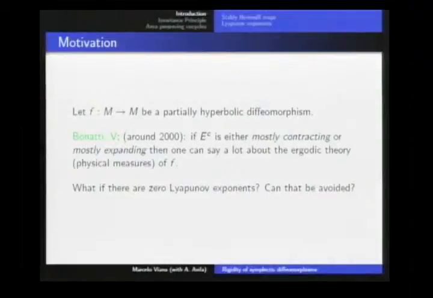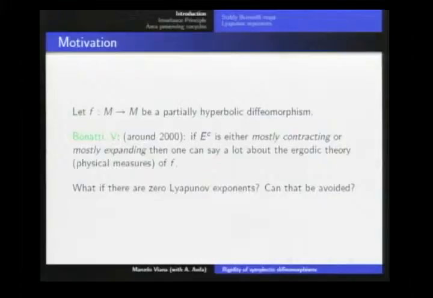What can you do if the exponents happen to vanish along the center direction? At that point, the question we had in mind was, can we actually avoid having to deal with that? That was our main hope, that we didn't actually have to tackle the problem of vanishing Lyapunov exponents.